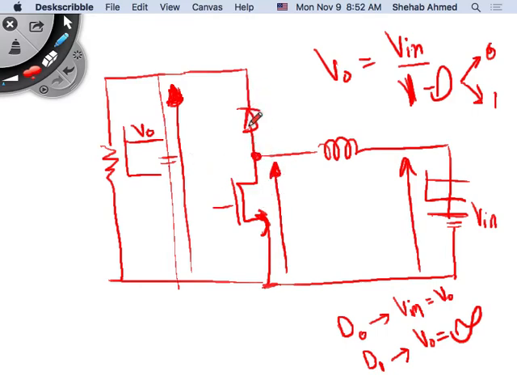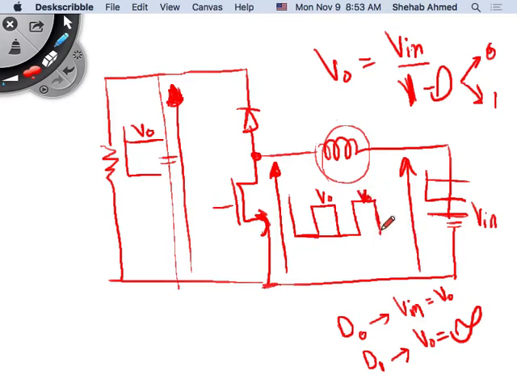When the diode is on, it's V output. Assuming that the transient will keep the effect of the inductance in there, right? So when the switch is on, it's 0, and when the switch is off, the voltage is V output. So the waveform doesn't change.